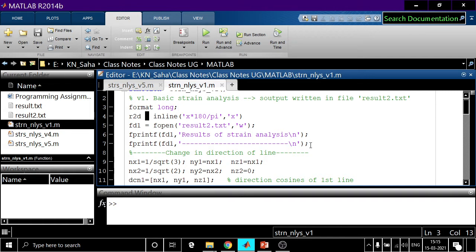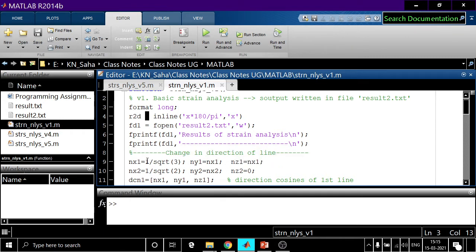Okay, so now let us go into the problem. In the problem, first the direction cosines of two lines are given. Those are designated as nx, ny, nz of the first line and nx, ny, nz for the second line.